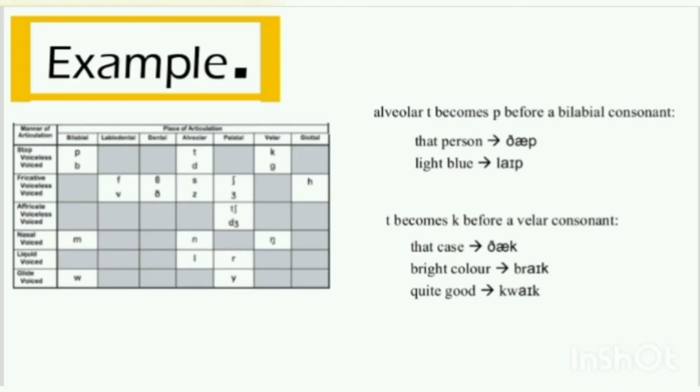For example, you can see at the PowerPoint slide. For example, the first words are dead case. It becomes deb case. The alveolar sound in the last word, d, is followed by a bilabial sound in the next word, and it makes the alveolar sound assimilate and change into the bilabial sound.